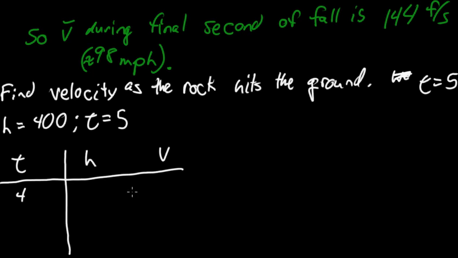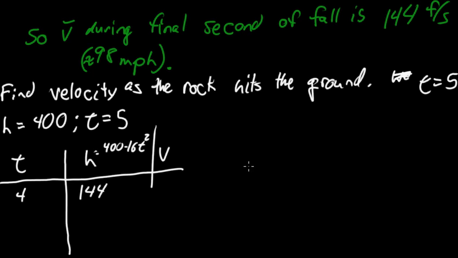We just now did that. It's h equals 400 minus 16t squared, so this is 144.